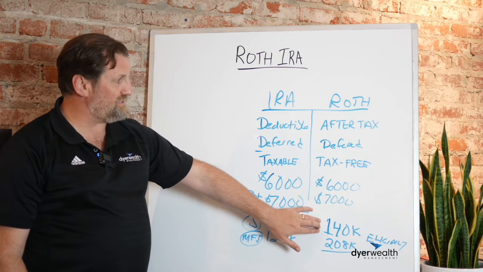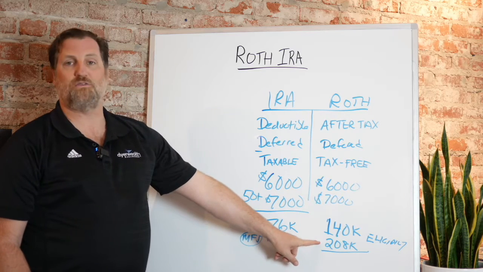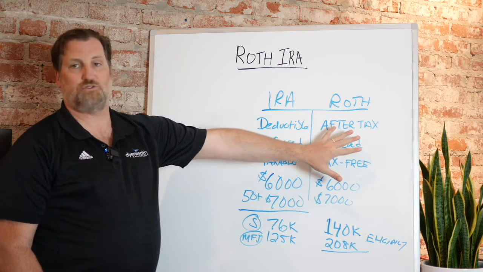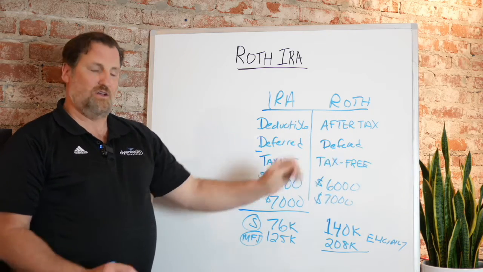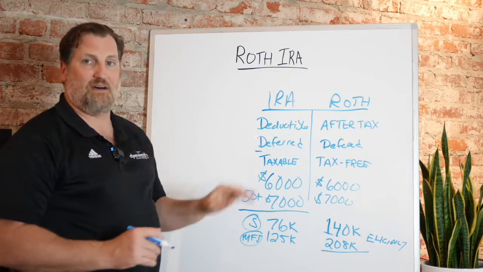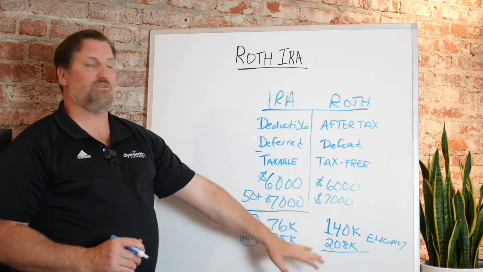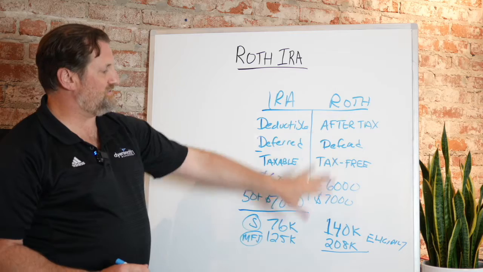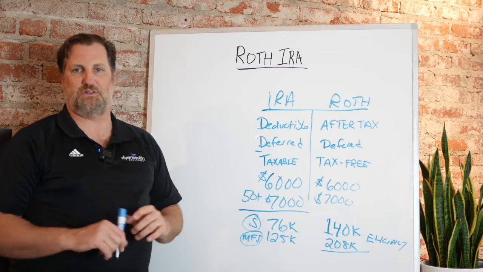If you make more than this, you can't put money into a Roth IRA. If you're married and you make over $208,000, you can't contribute straight up this $6,000 or $7,000 to a Roth IRA. We'll show you some other techniques you can use to make these contributions if you're above these limits. But as far as standard deductibility and eligibility, these are the numbers, okay?